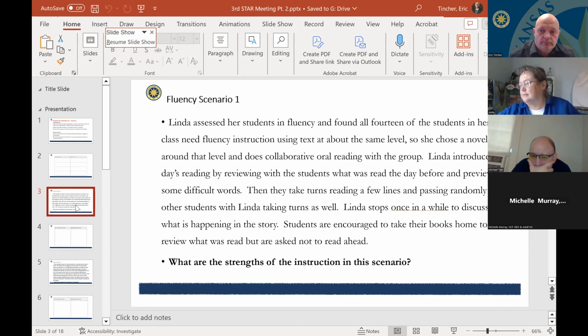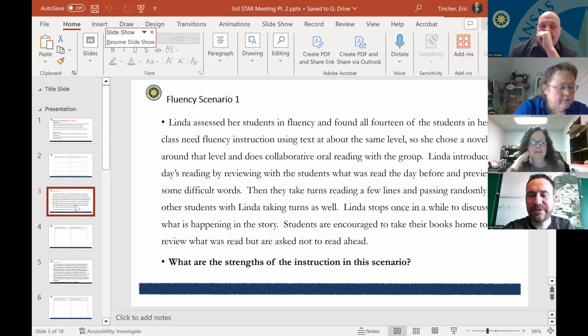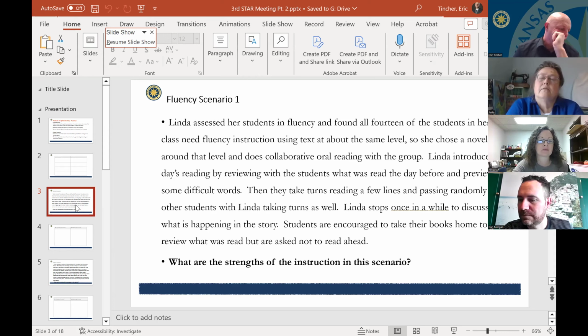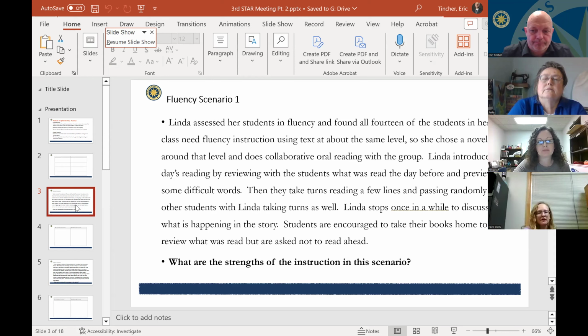I think previewing some of the difficult words beforehand is a good idea. Okay. Very good. She chose a text that was at about the student's level. Yes, very good. What else? Stopping once in a while to discuss what's happening in the story.